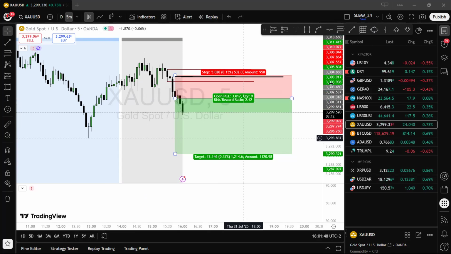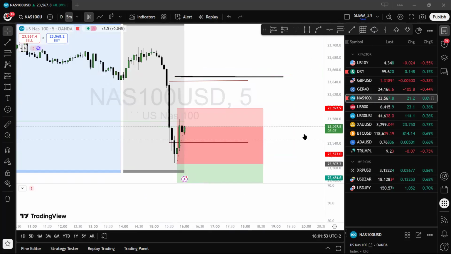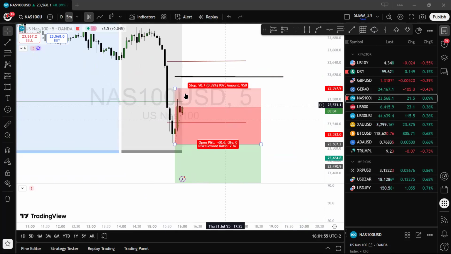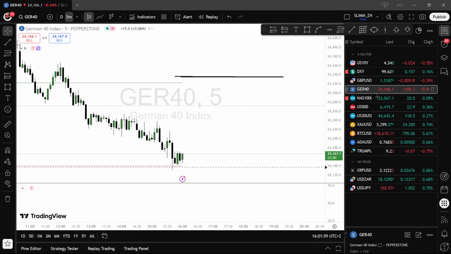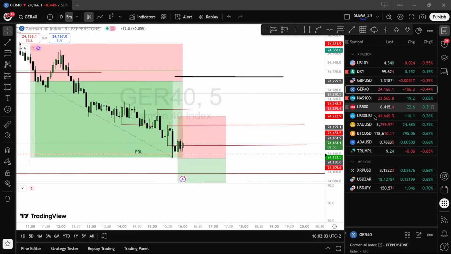All right, let's see how it goes. Nasdaq is dangling close to our stop loss. German 40 sideways.